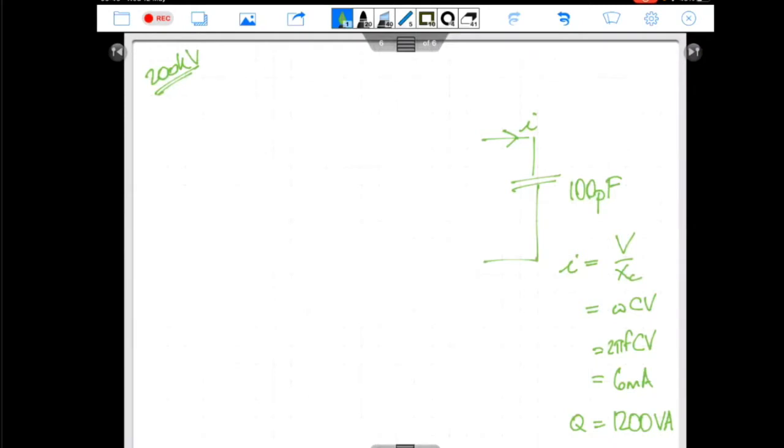So let's work backwards and just look at a cascade type transformer. We're going to do a 2-stage.